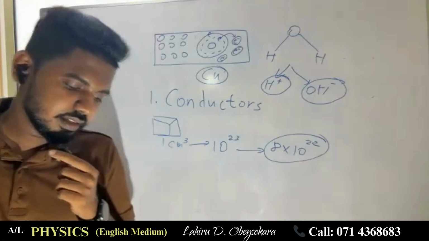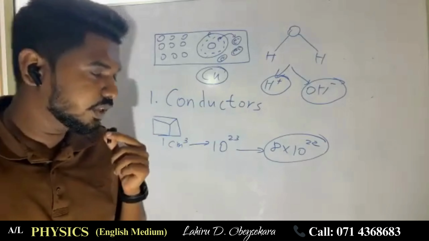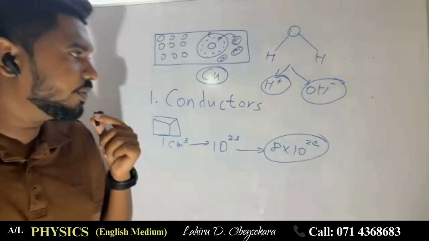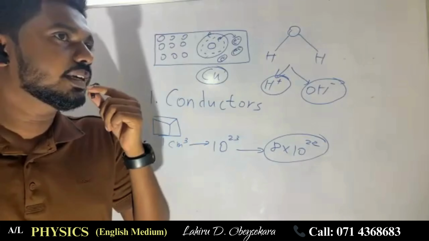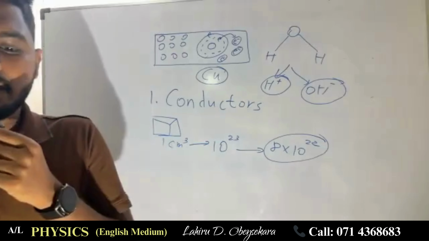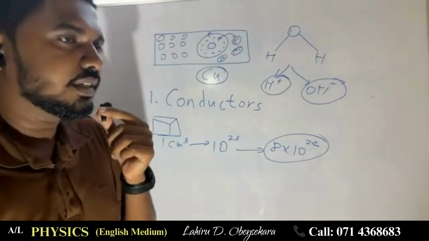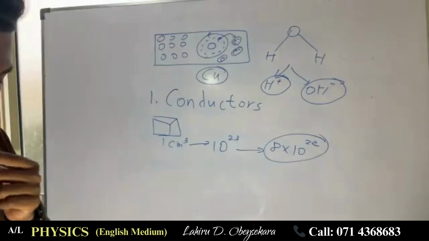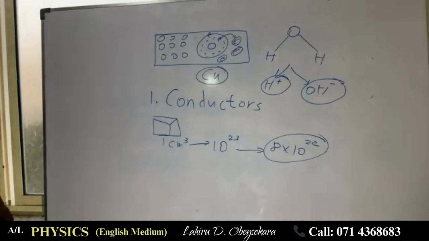Next, usually in a solid material there are 10 to the power 23 atoms in 1 cubic centimeter of it.